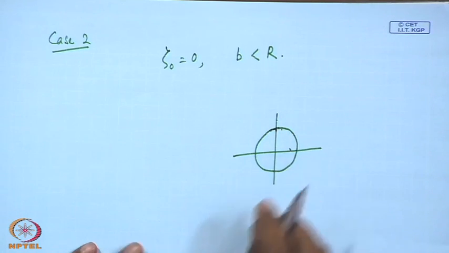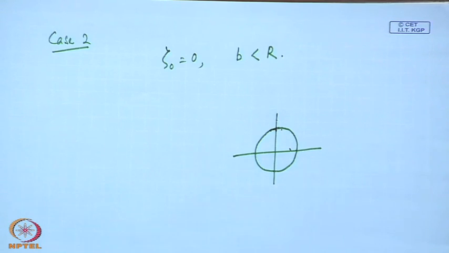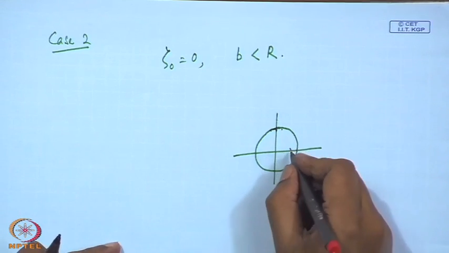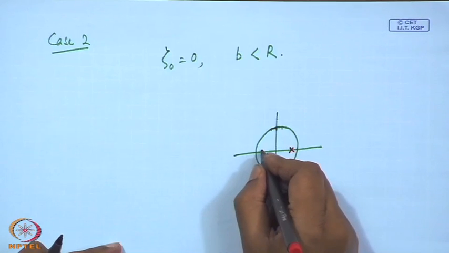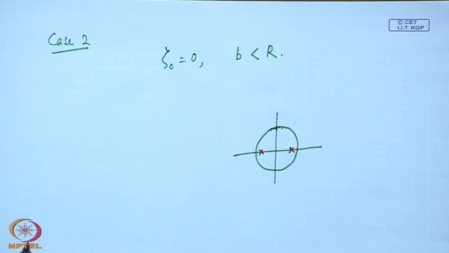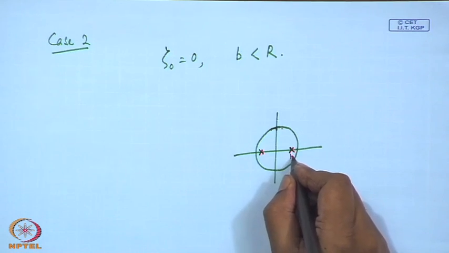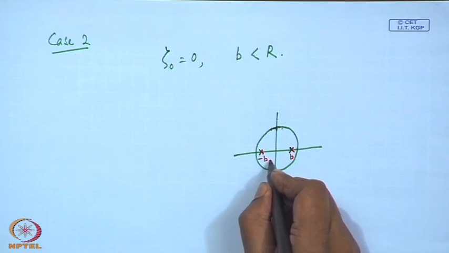Let us say this is b, b is less than r, this is plus b, this is minus b.